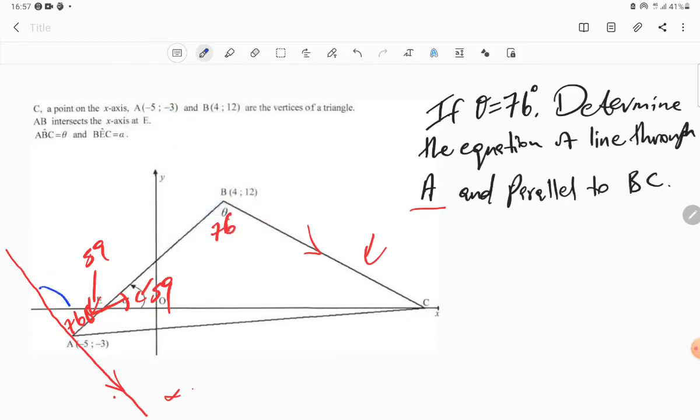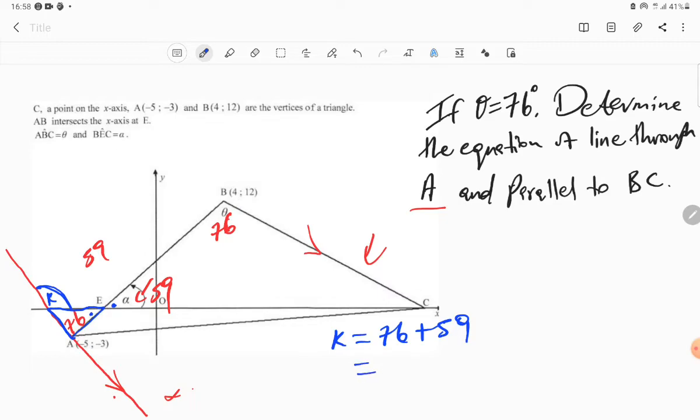This angle over there, you can see this is 59, this is 59, and we know that this K is the exterior angle of this triangle, which is blue over there. So this is an exterior angle, and you can see now that K is equal to 76 plus 59, because of the exterior angle of a triangle.